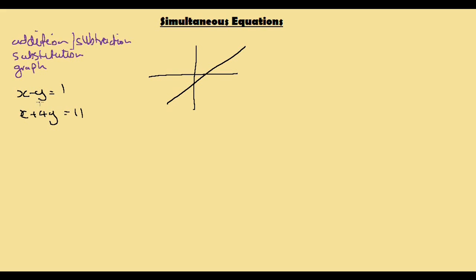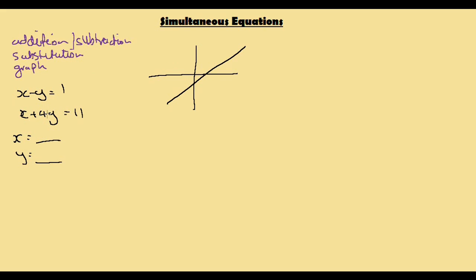If we wanted to, we could do this using the addition, subtraction, or the substitution method. But ultimately we're going to have a value of x and a value of y, and on a graph that would just be a point along the equation's graph line. So this straight line here, we'd have a value of x and a value of y, and that would be our solution somewhere along there.